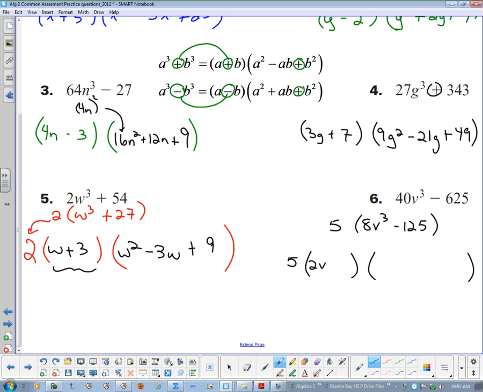This is going to be a minus 5. First term here is going to be 4b squared plus 10b, careful, and then the last term is always positive, plus 25. And that's how you factor those folks.